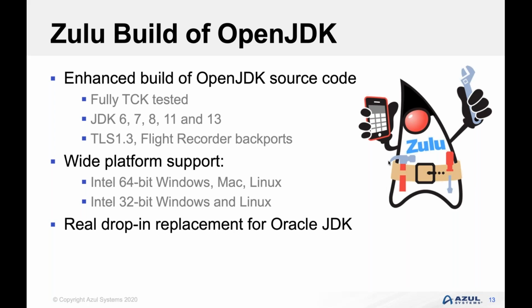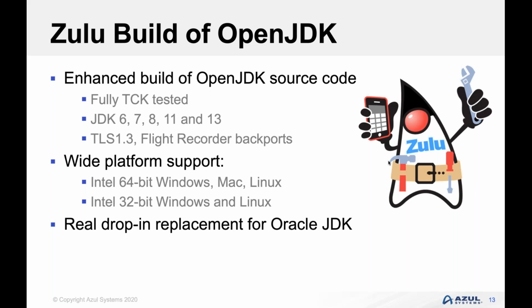What we've seen is that a lot of people want to continue using JDK 8 because of the issues in terms of migration to later versions. And so we've decided that to add value to Zulu 8, we'll backport some features from newer versions to Zulu 8.